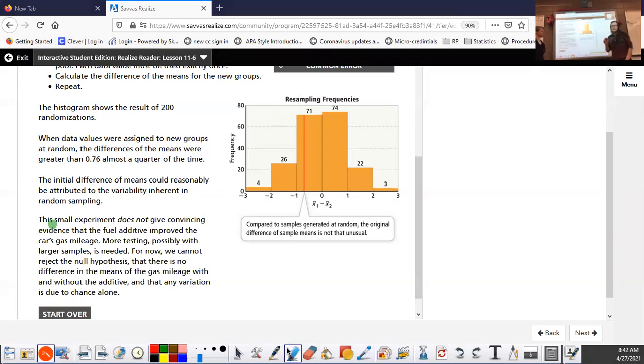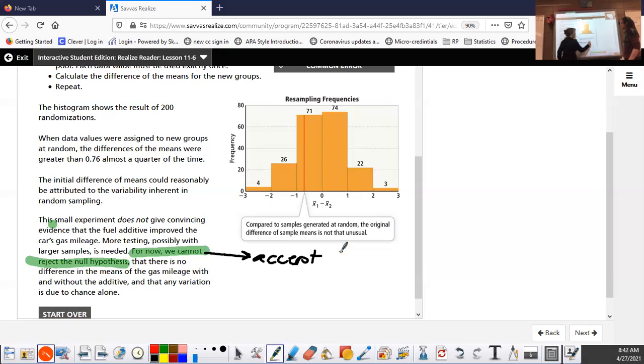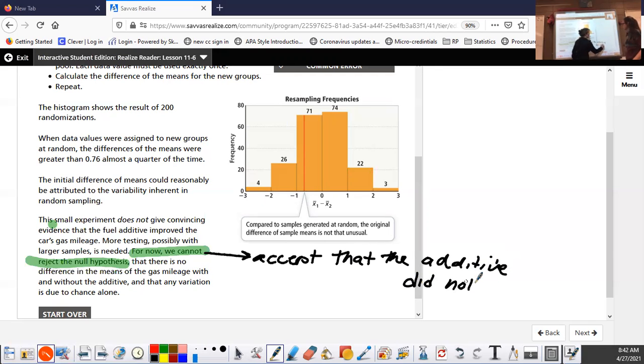And you will find that the language is a little tricky, because the way that you said it made good sense, but the way that our book says it, we cannot reject the null hypothesis. And so I would say accept that the additive did nothing.